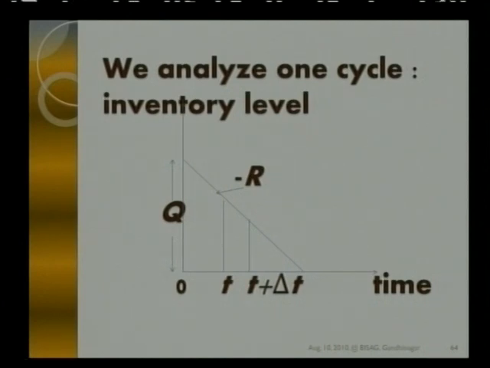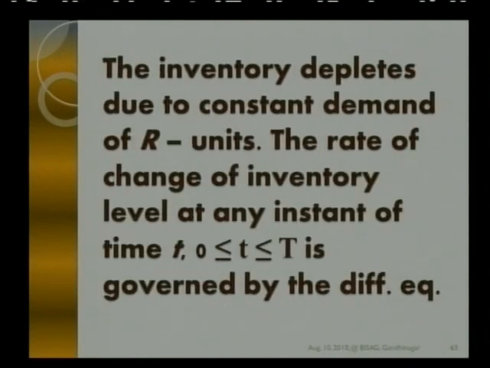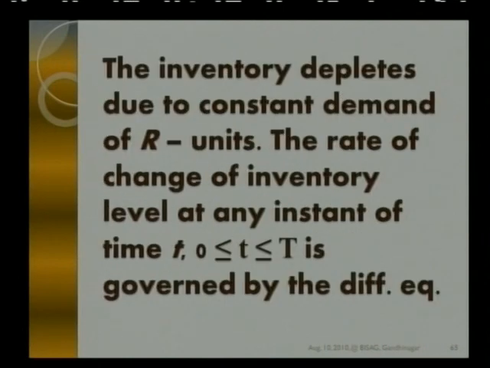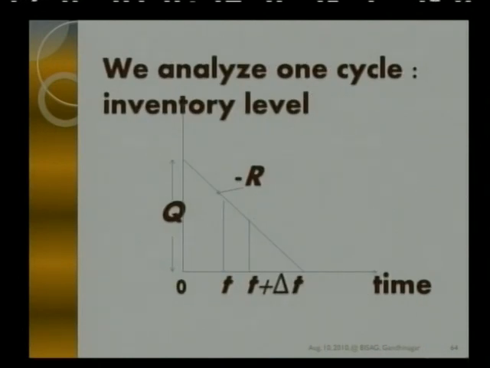And under the limiting case, you know that Q of t plus delta t minus Q of t upon delta t is nothing but the rate of change of inventory, that is dQ(t) by dt, and rate of change of inventory also represents slope. That is what the geometrical interpretation of the first derivative is, and the slope in this case we said is negative R, that is the rate at which inventory is depleting.